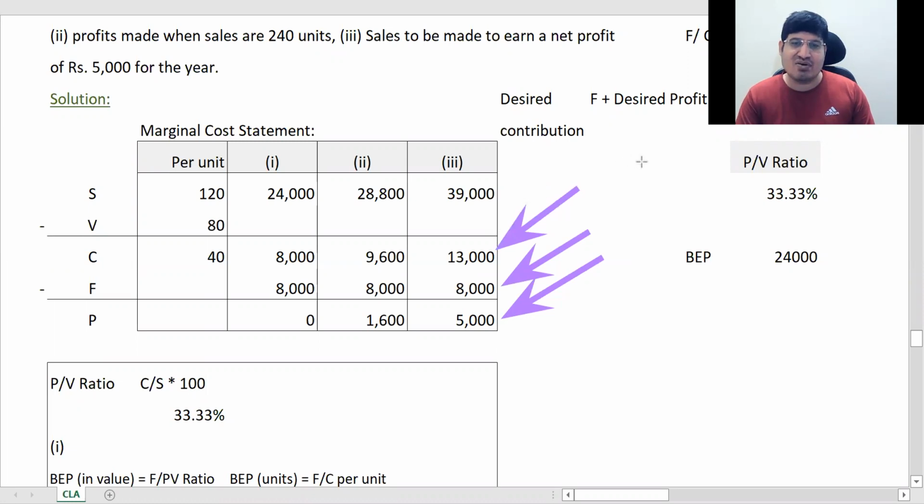Once you have desired contribution, just divide it by PV ratio, and you will get desired sales. This is how you do it.